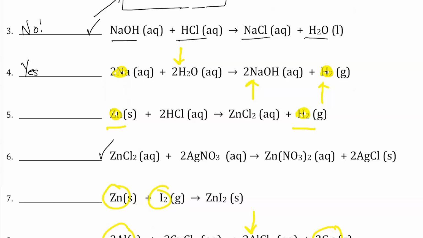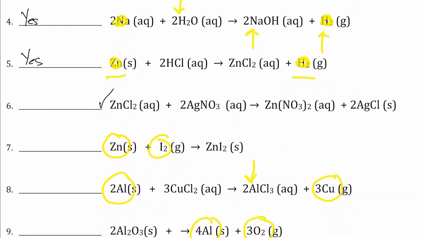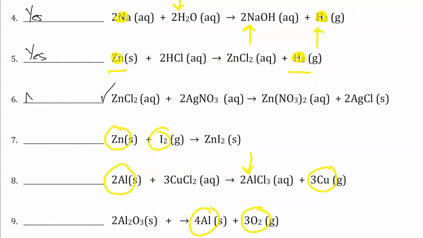5, yes, even though it's a single replacement, just like number 4, it's also redox. And number 6, no. Okay, you can think of it as just the ions on one side changing partners.